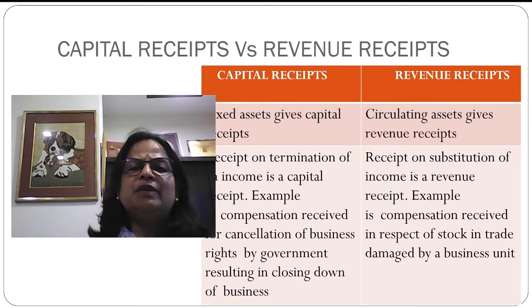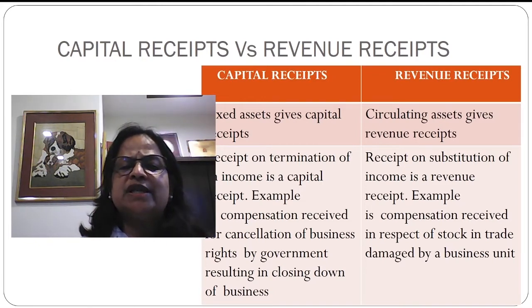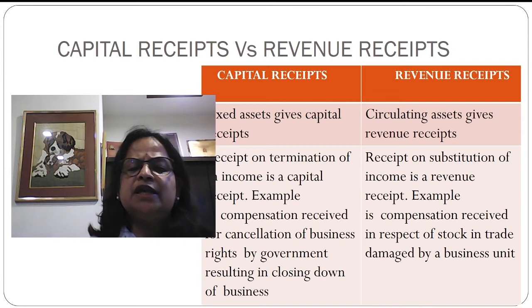Second point you have to remember, receipt on termination of an income is a capital receipt. Termination of an income means you are not going to get an income from that fixed asset again. For example, compensation received for cancellation of business rights by government resulting in closing down of business. Say for example, this lockdown period. Now you know the disturbance between India and China.